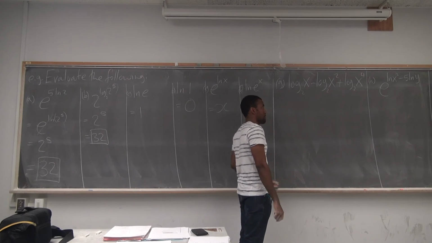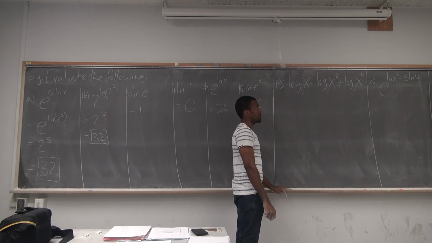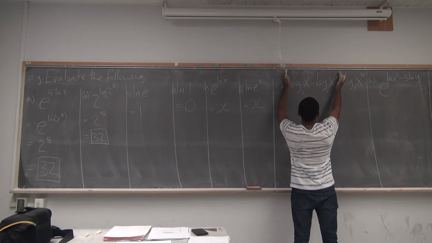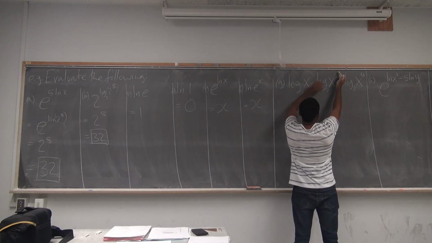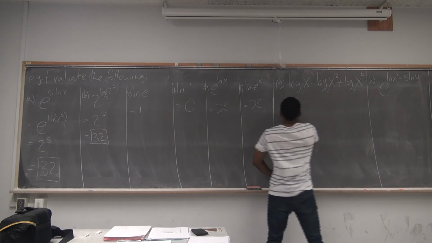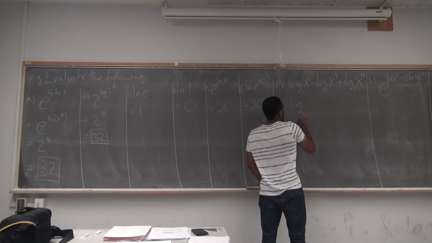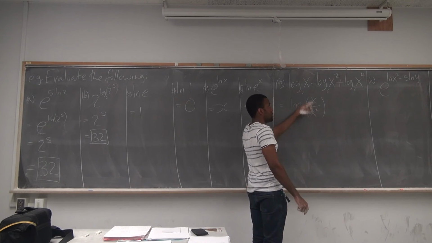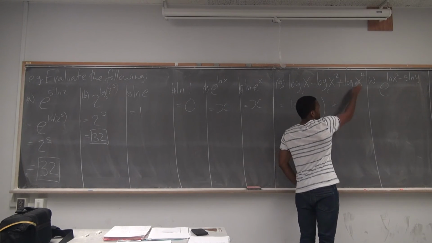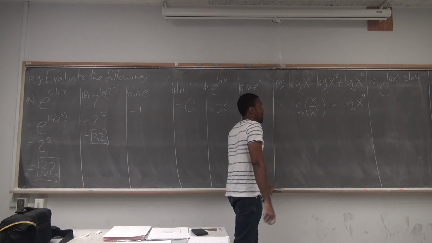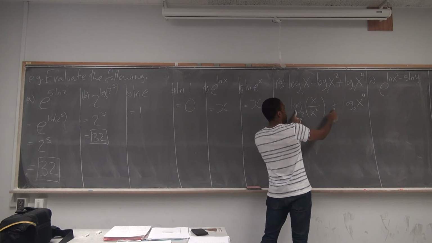What's that one? Okay, so you look at these first 2 first. You see, oh, you have log of something minus log of something else. Now we have a rule for when you subtract logs, it becomes a division. So the first 2 give us x divided by x squared. Because I know a log of a division is just a subtraction. This guy is just here hanging out for now. And now I have a log plus a log.